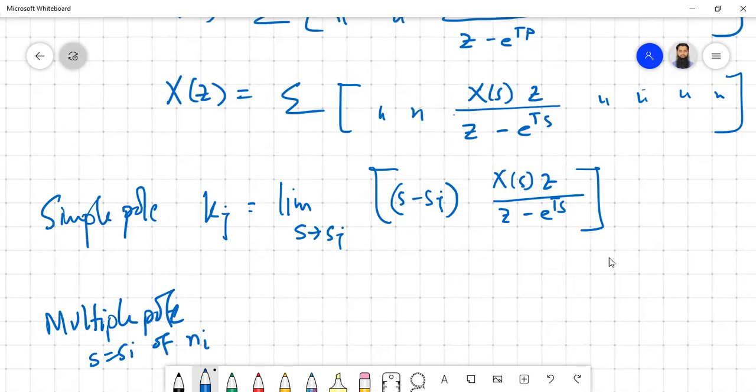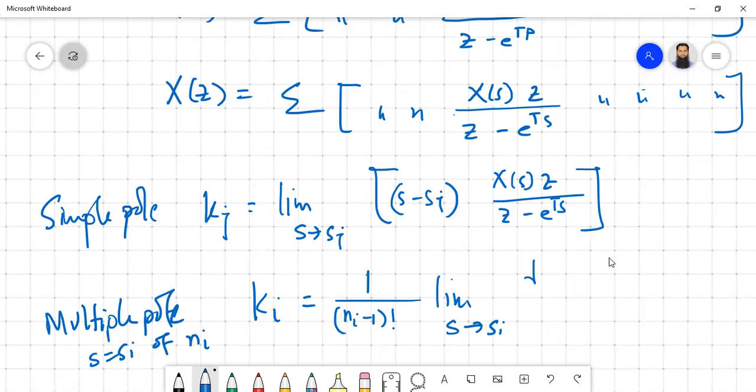Okay, so if this is the case, in that case, Ki will be factorial. Ni is the order, so one less than that. So Ni minus 1 factorial, and then the limit as s tends to Si.